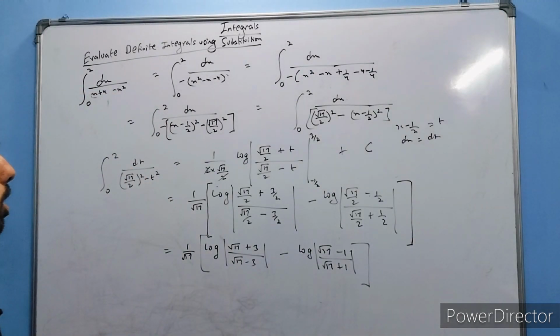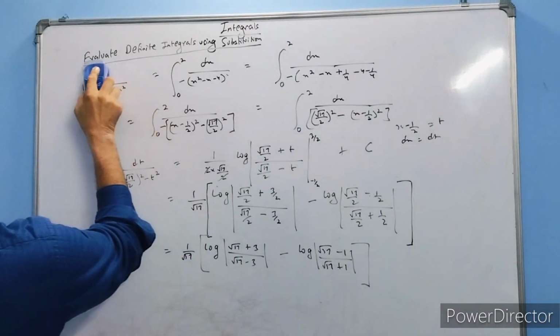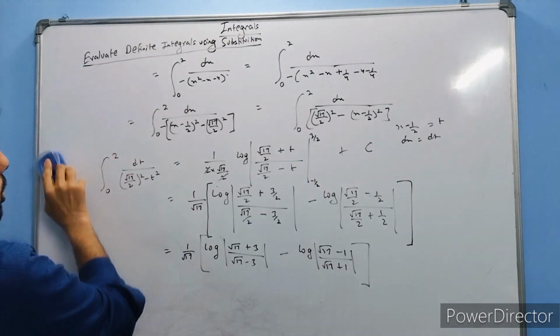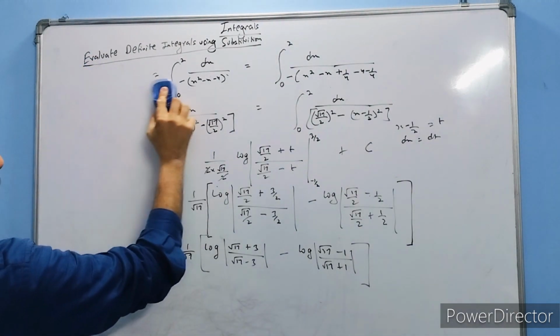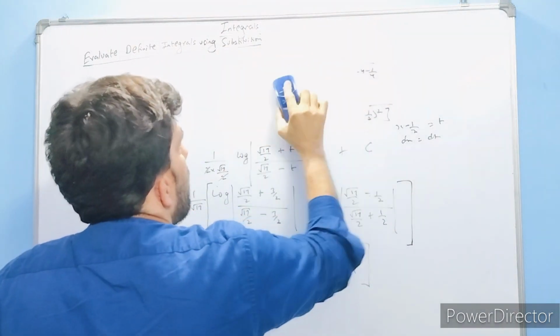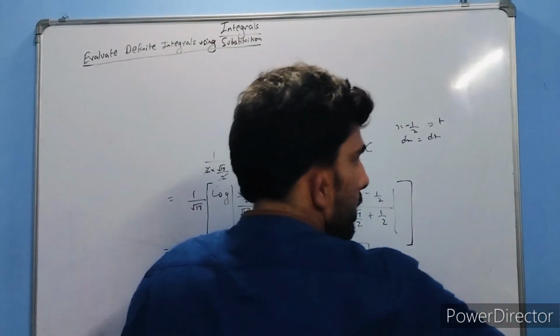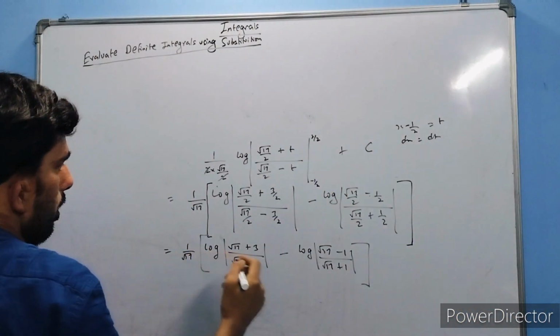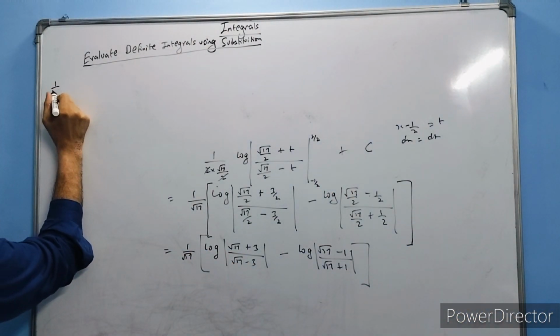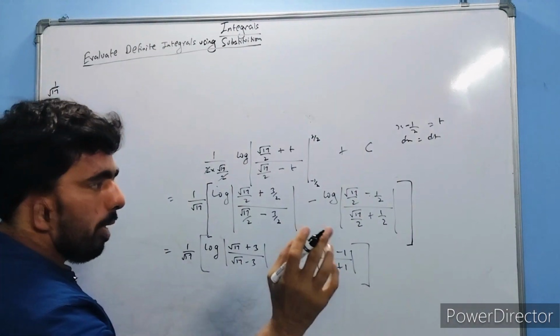Now we'll try to solve the next step. So let us see how we can do it here. We can take the minus sign common here, so taking minus sign will make it plus.